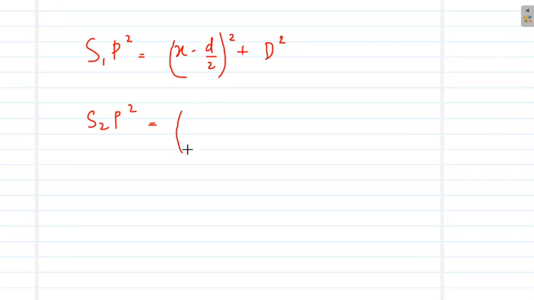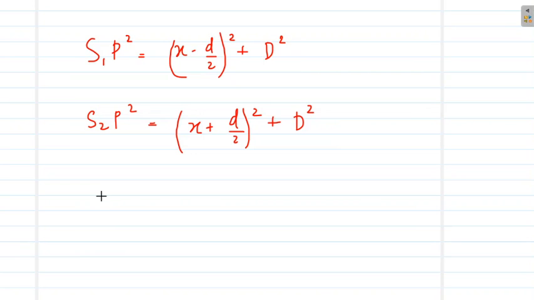So we have two equations in our hand. One is that S1P square is equal to (x minus d by 2) the whole square plus d square, and S2P square is equal to (x plus d by 2) the whole square plus d square.